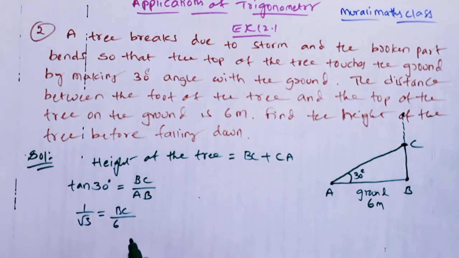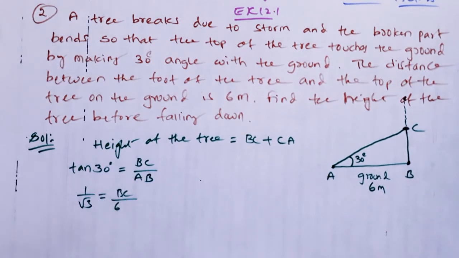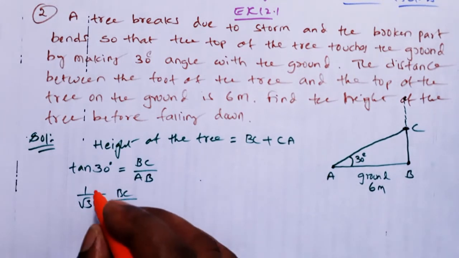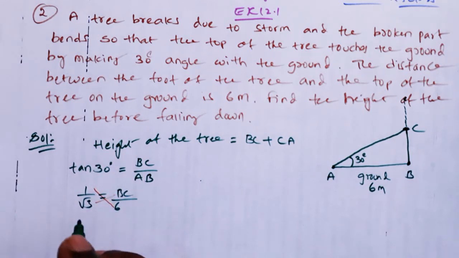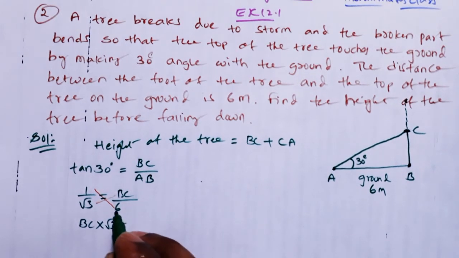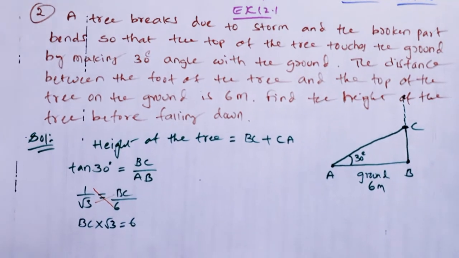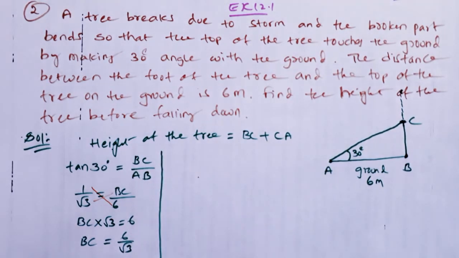Then do cross multiplication. We will get BC into root 3 equals 6 into 1, 6. Then BC equals 6 by root 3. So the BC answer we got.